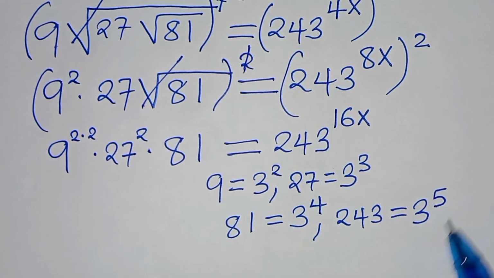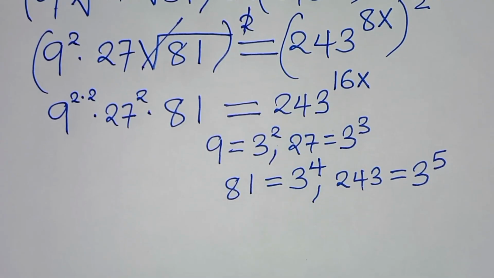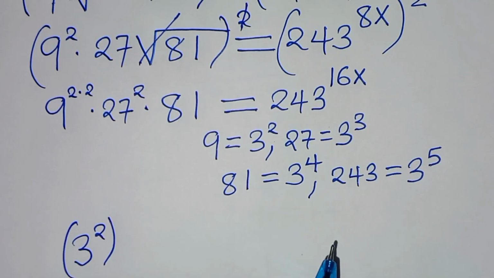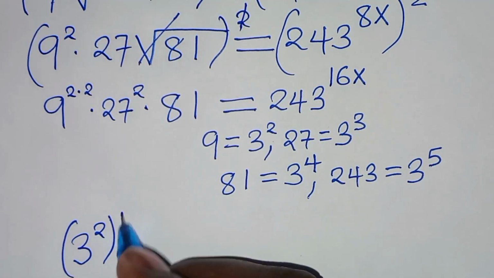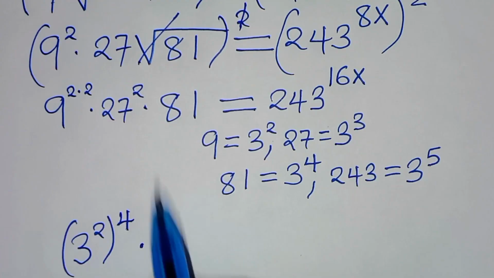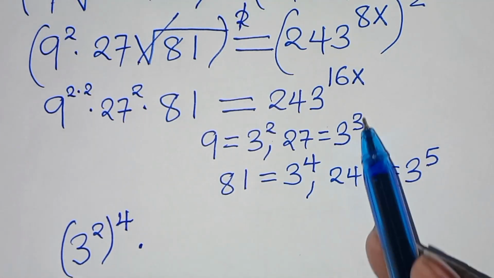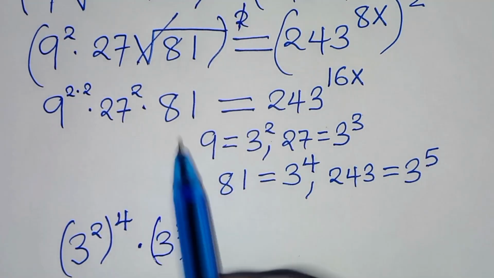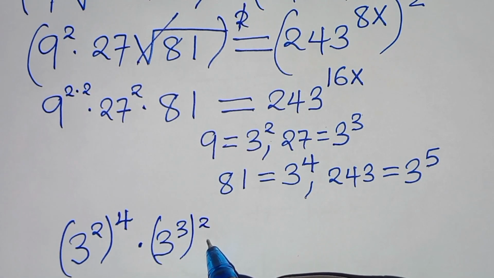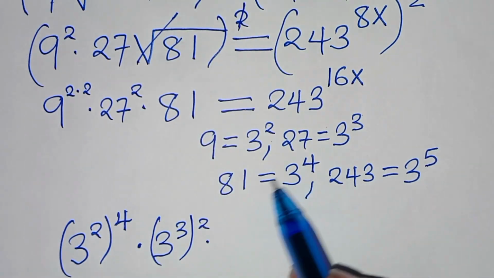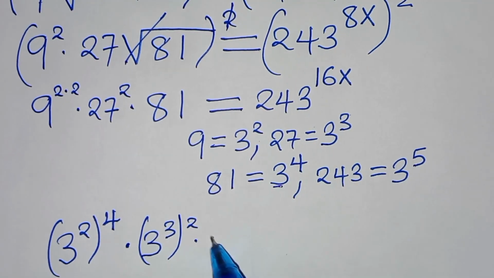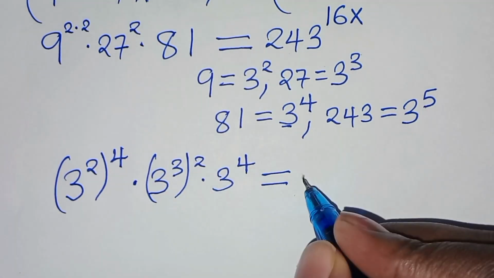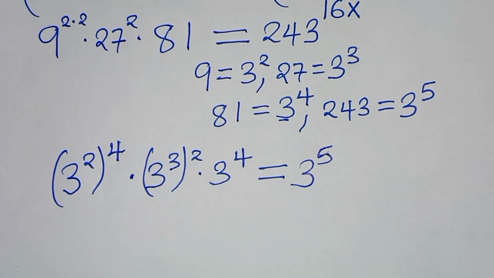So let's substitute this here, so that now here we have 3 raised to power 2 raised to power, this is 2 times 2, which is 4, multiplying by 27. 27 here is 3 to power 3. So we have 3 to power 3 raised to power 2. Then times 81. 81 in this case is 3 to power 4. So times 3 to power 4. Now this is equal to 243, which is 3 to power 5.